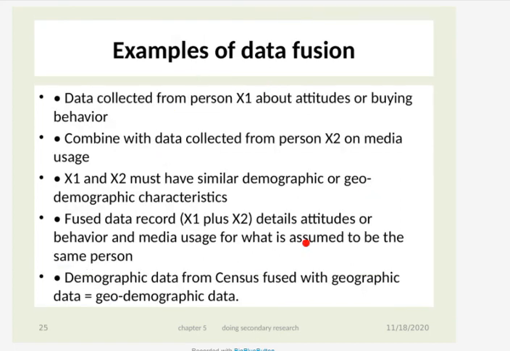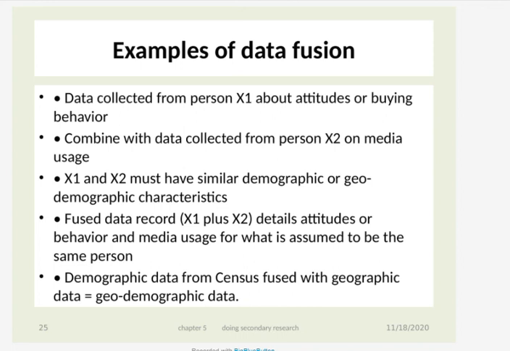In this slide, it gives you an example: data collected about person 1 combined with data collected from a person x2, merging x1 and x2 with demographic and geographic characteristics. We wouldn't be able to collect this data if we looked at each person isolated or alone. Okay, so this is just an example.